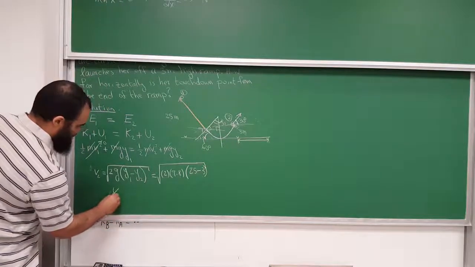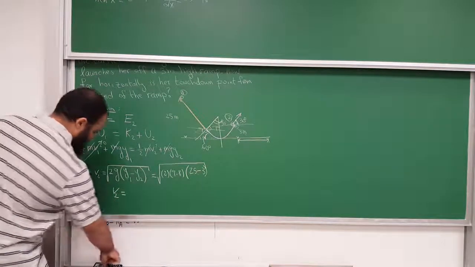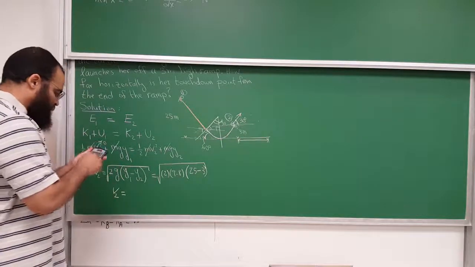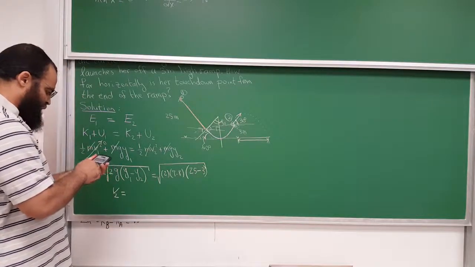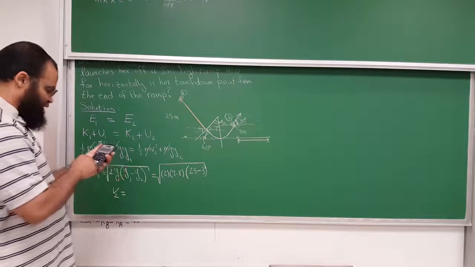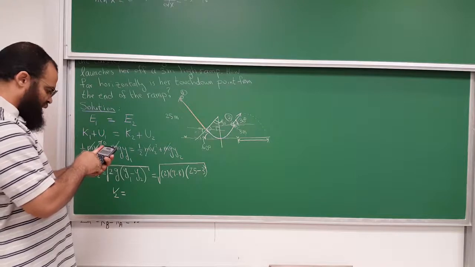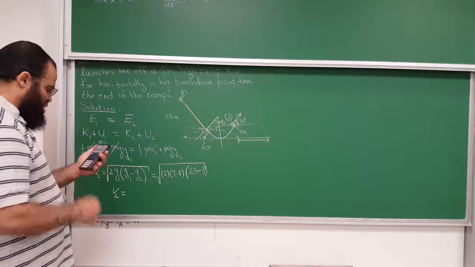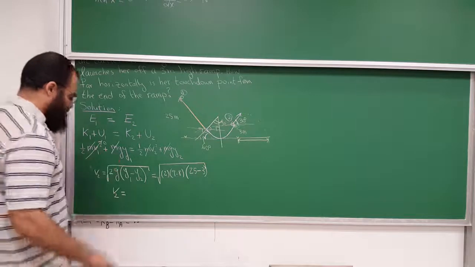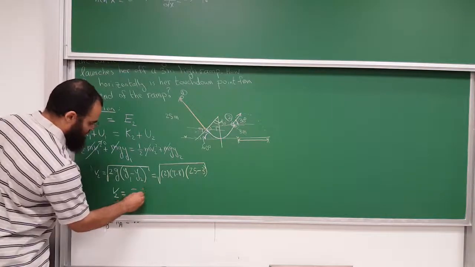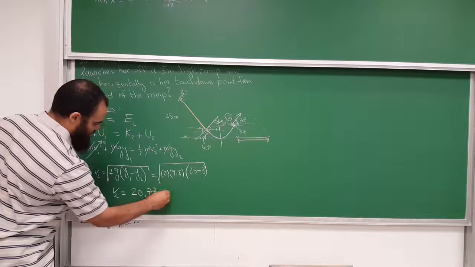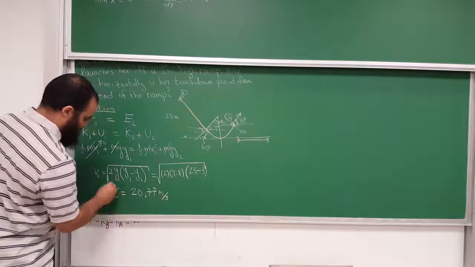You get v2 will be, let me get my calculator, 2 times 9.8 times 25 minus 3, which is 22. Take the square root of that, and you get 20.77 approximately, meters per second.